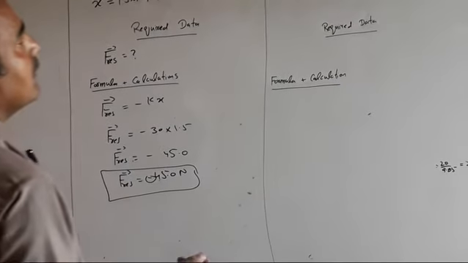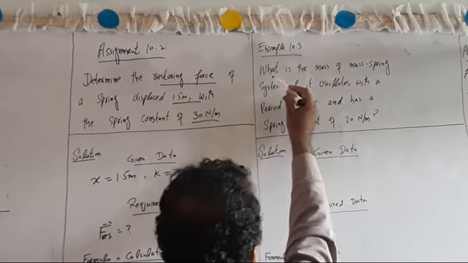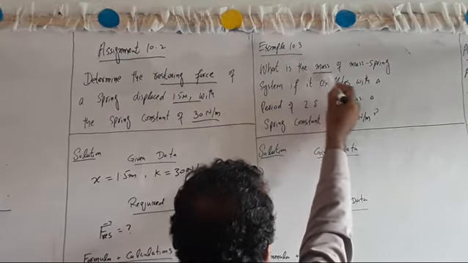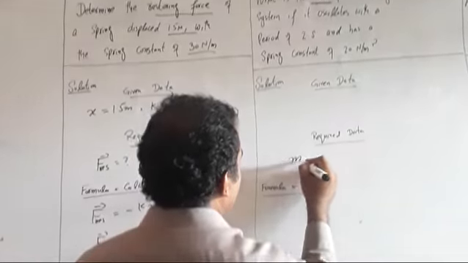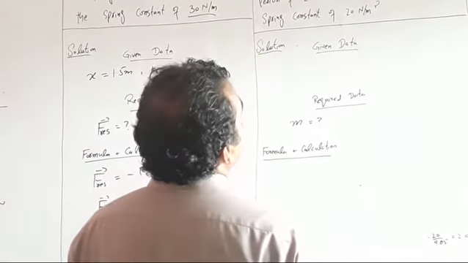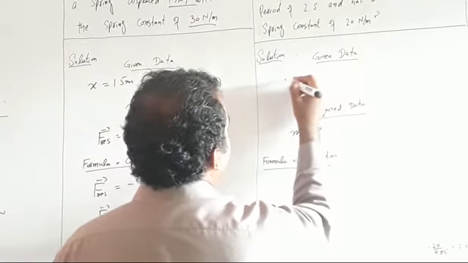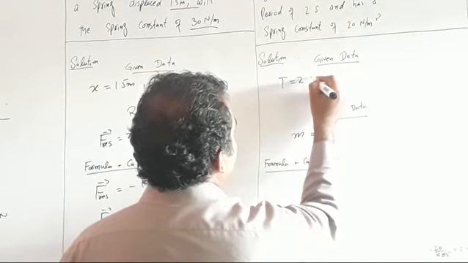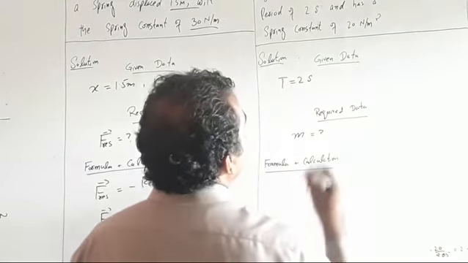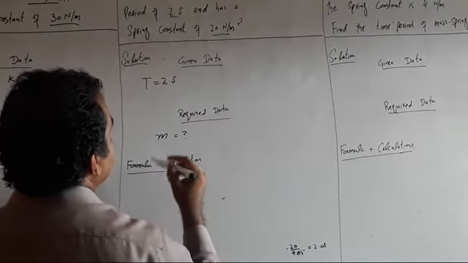Now the next example is 10.3, in which we have to calculate the mass of the mass spring system. So I will write this mass in required data. While we are given that the time period of mass spring system is 2 seconds, so time period is represented by capital T and its value is 2 seconds, while the spring constant has a value of 20 Newton per meter.